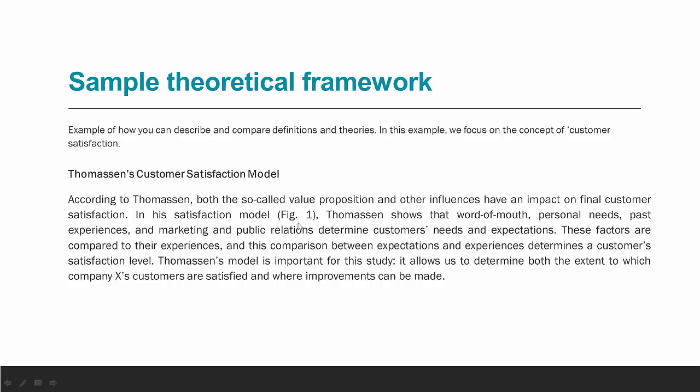In his satisfaction model, figure 1, which later on I'm going to show, Thomason shows that word of mouth, personal needs, past experience, and marketing and public relations determine customer needs and expectations. These factors are compared to their experiences, and this comparison between expectations and experiences determines the customer's satisfaction level.